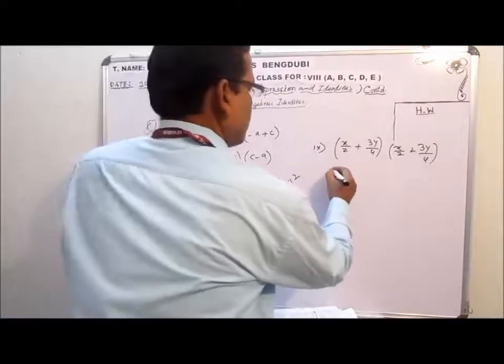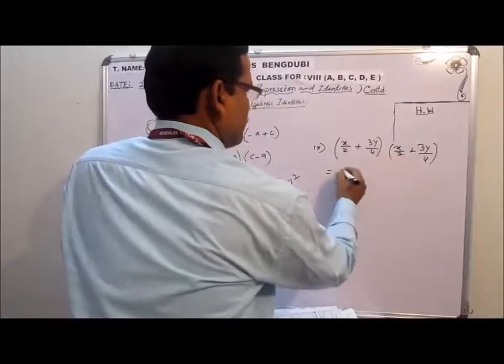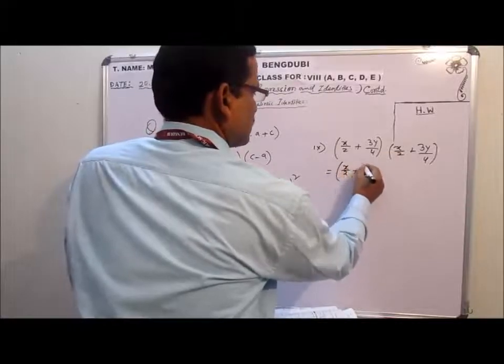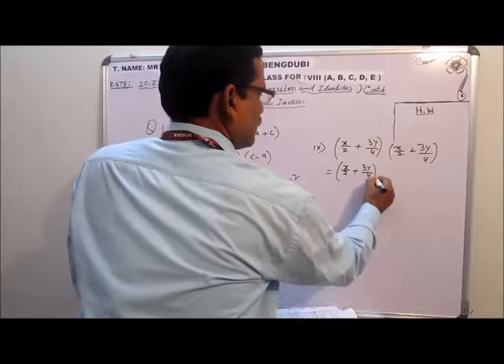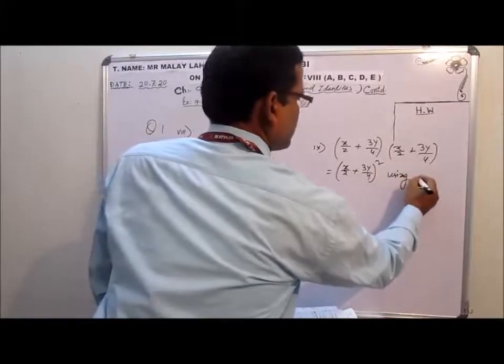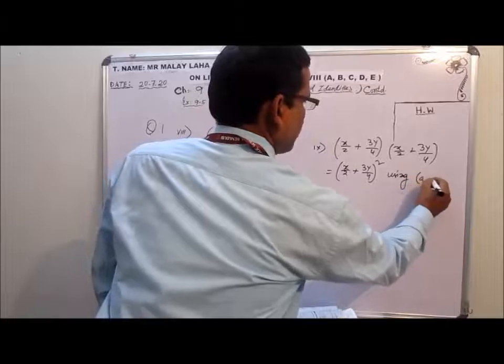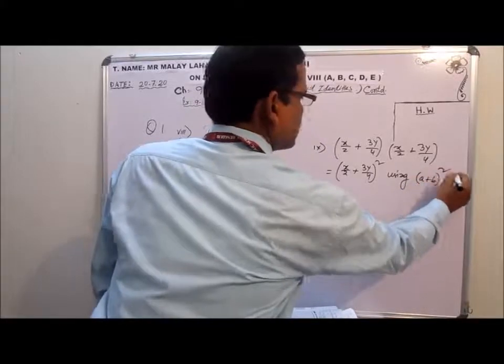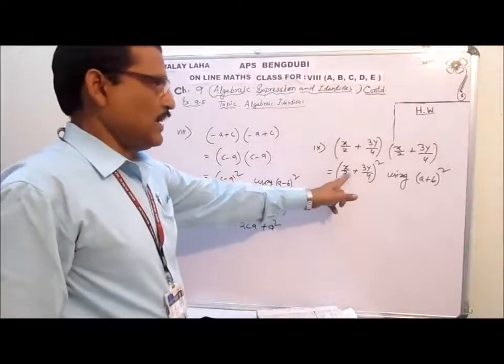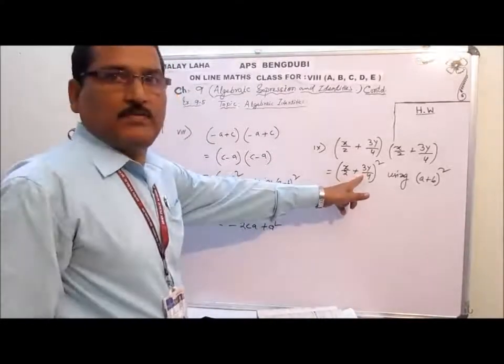Instead of multiplying, I can write (x by 2 plus 3y by 4) whole square, using the (a plus b) whole square identity, where a stands for x by 2 and b stands for 3y by 4.